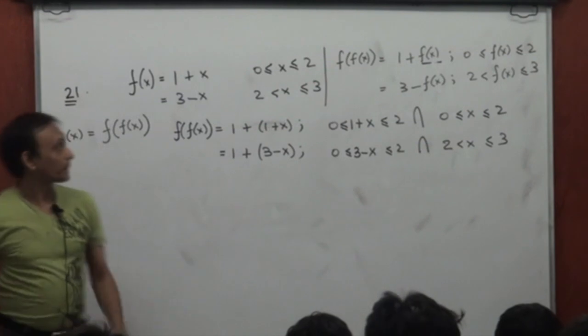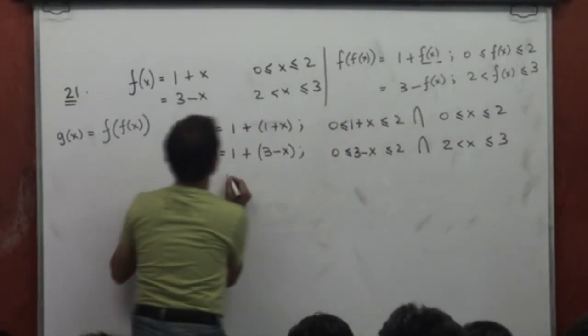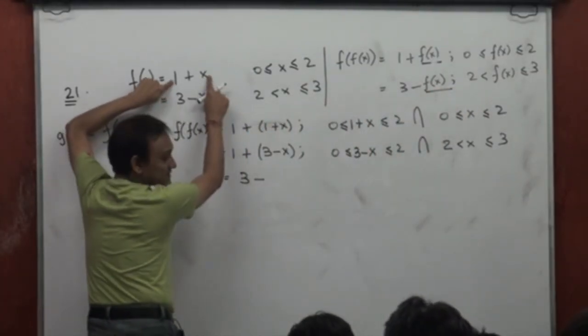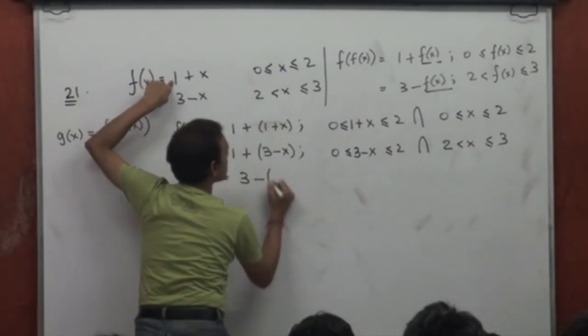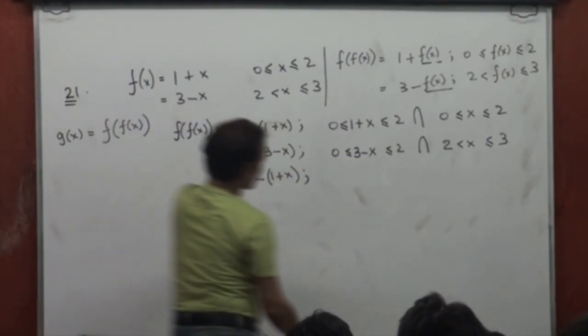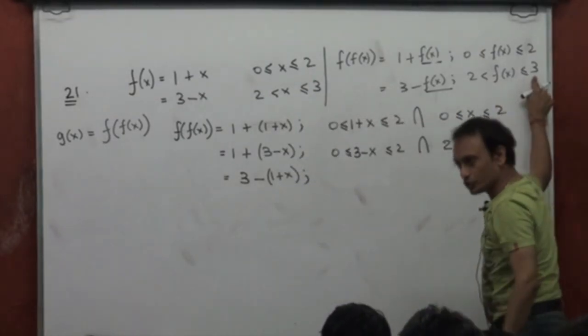Right? Now coming back to this, when 3 minus f(x), f(x) could be 1 plus x, so 3 minus (1 plus x), where now 1 plus x must be greater than 2, less than or equal to 3.